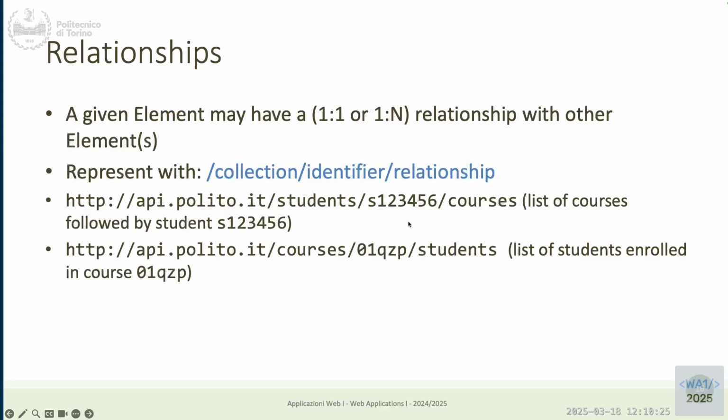Or for enrolling you in a course, I could do a post on the list of courses for the student with an object describing the course. Or I could do a post on the student's collection of a course by providing the ID of the student.